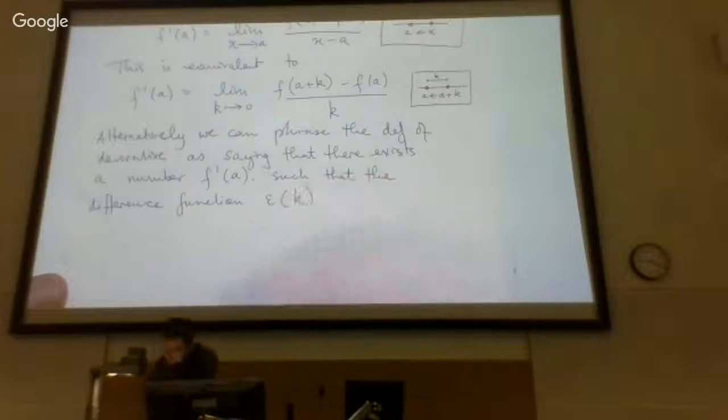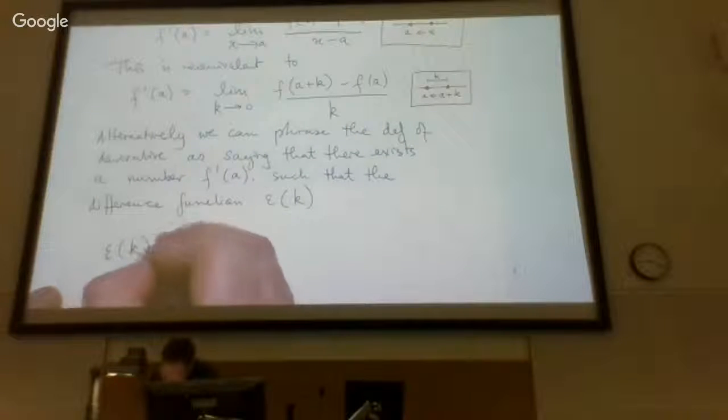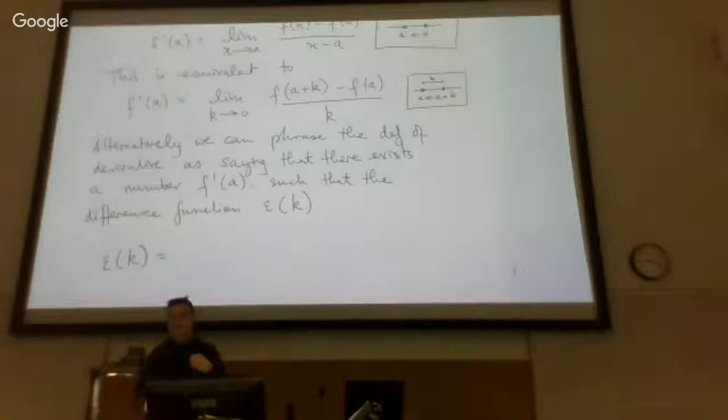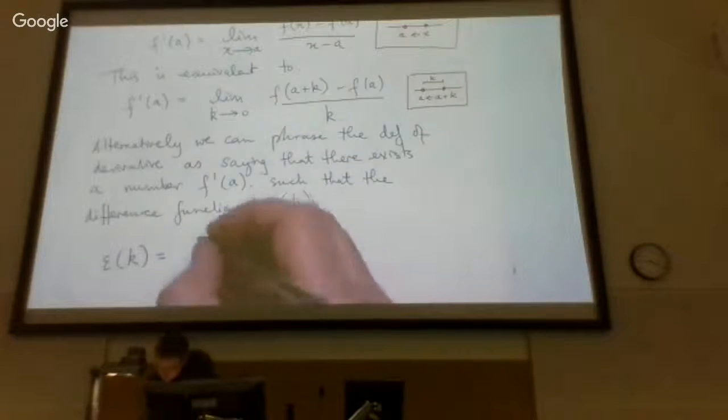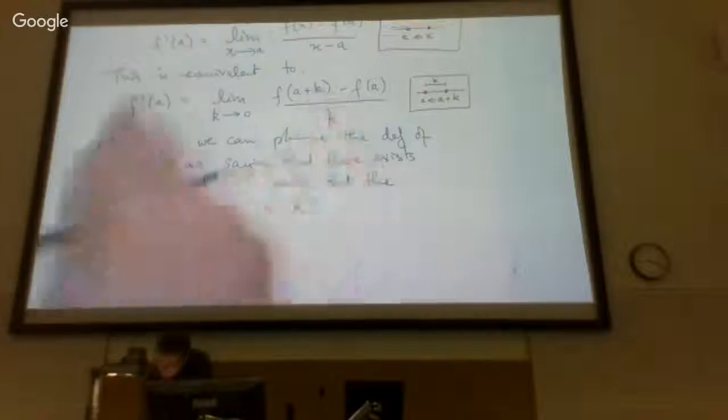epsilon of k. Now, what is epsilon of k? Epsilon of k is a function that depends on the parameter k, and it is simply the difference between these two quantities.